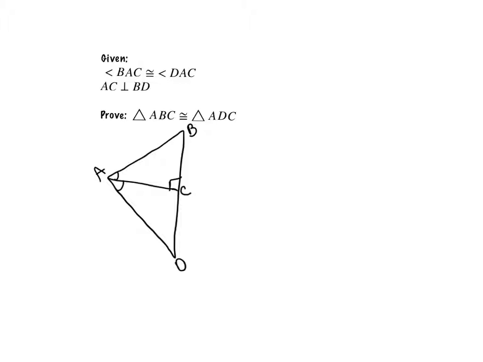Remember, BAC is this angle here, DAC that angle, so I have that marked. It also says that AC is perpendicular, and that little symbol means perpendicular. So that's labeled.